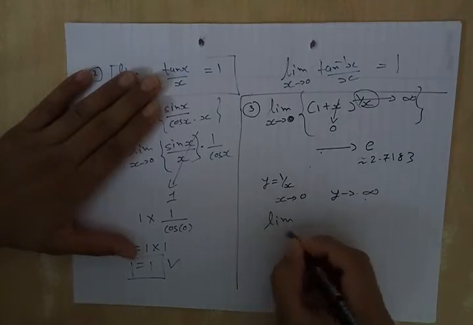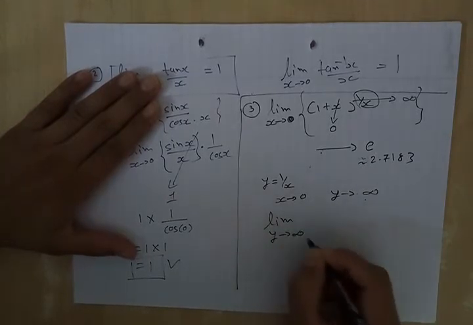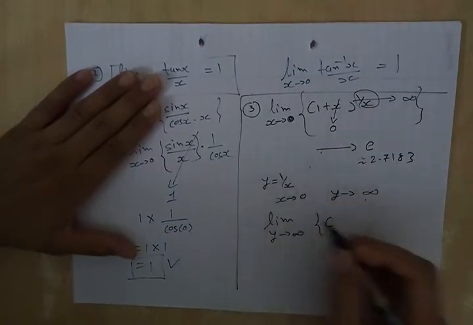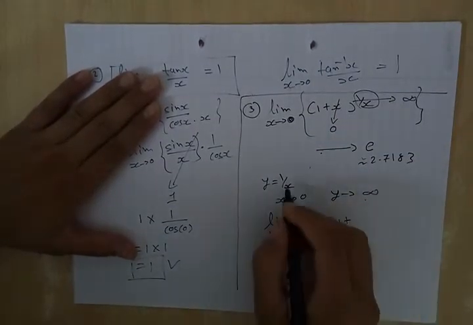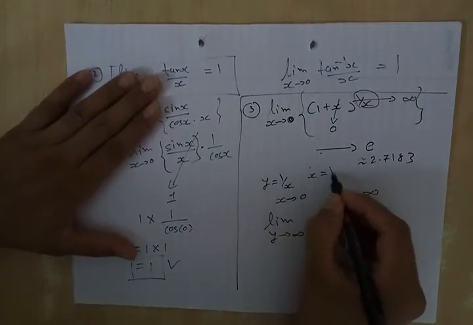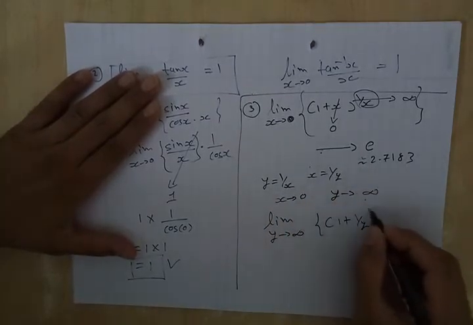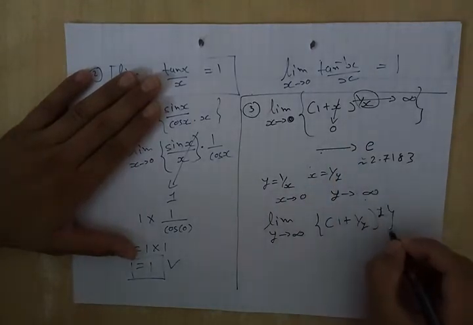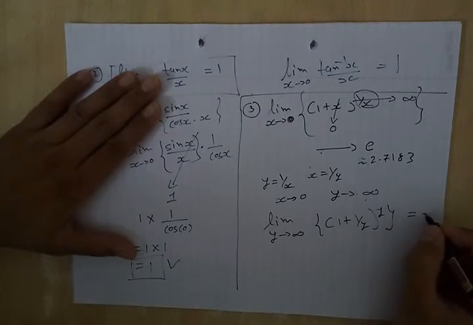So we can write limit y tends to infinity. We will replace x with y. So x is equal to 1 upon y, and 1 upon x is equal to y. So limit y tends to infinity 1 plus 1 upon y raised to y is equal to e.